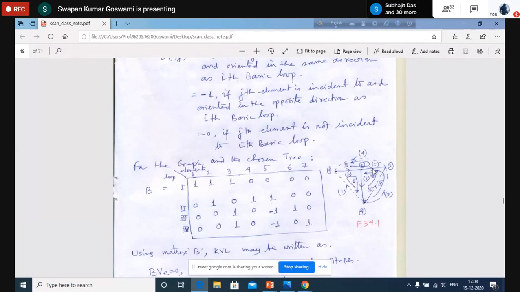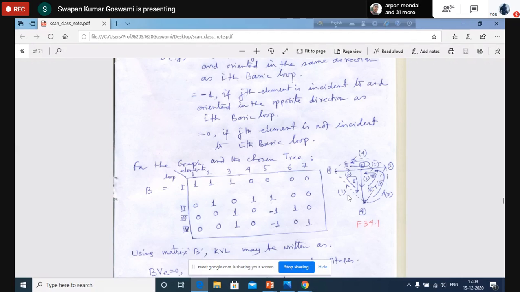So these 3 elements form the tree, and we call these the 3 branches of the tree. There are 1, 2, 3, 4 nodes, so the tree has 3 elements. Now the remaining elements, element number 1, element 4, element 6, element 7, these are links.